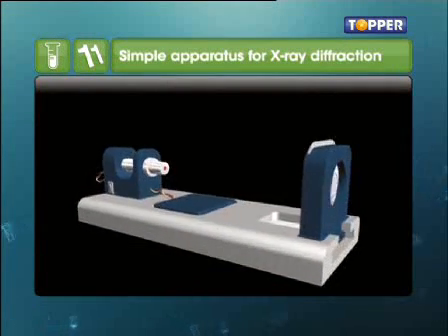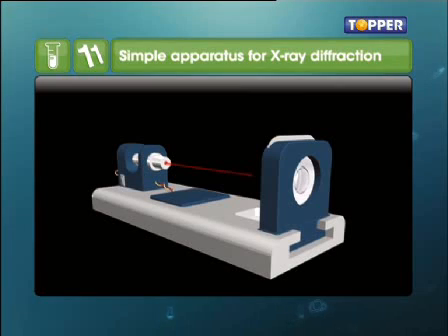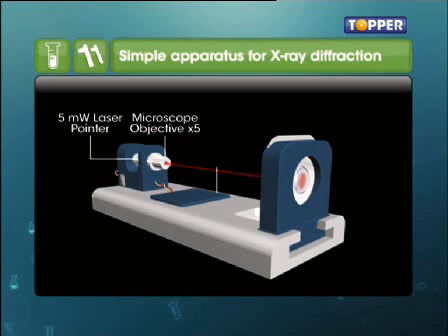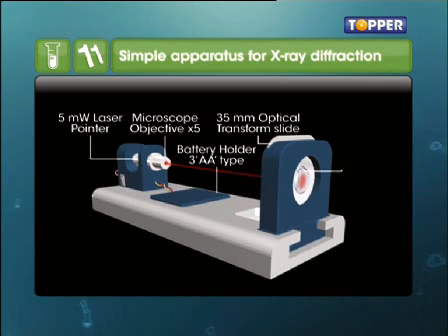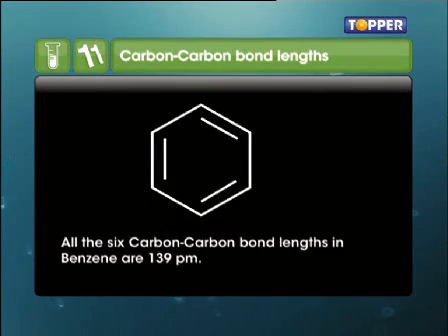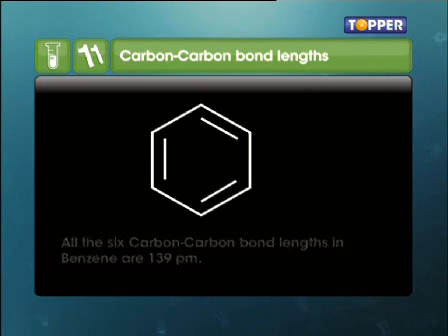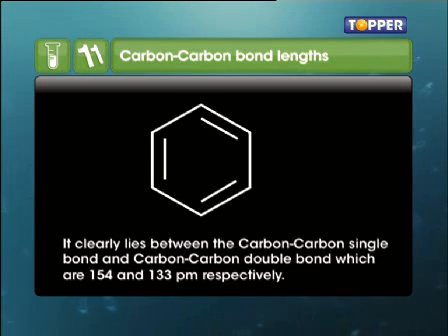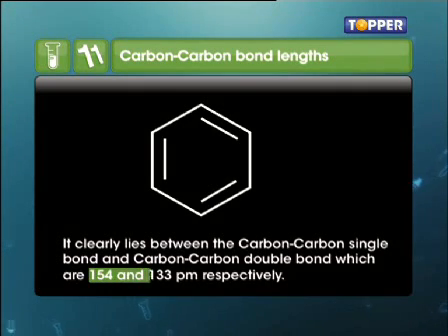The new perspective came through the X-ray diffraction studies, which showed that the internuclear distance between all carbon atoms in the benzene ring is the same. The length of all carbon-carbon bonds in benzene is 139 picometers. It clearly lies between the carbon-carbon single bond and carbon-carbon double bond, which are 154 and 133 picometers respectively.